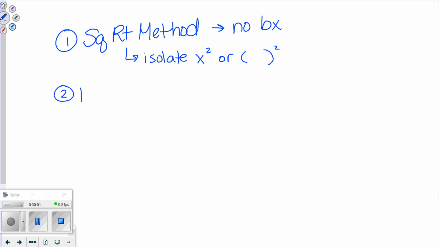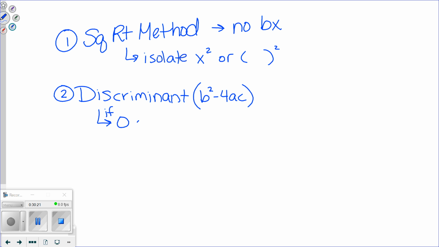All right, then what should you do? Then I would do the discriminant. You're going to have 4 problems left at that point. Look for the discriminant. All right, and again, that's b squared minus 4ac. What am I looking for when I do this? Good. If it's 0 or a perfect square, factor.